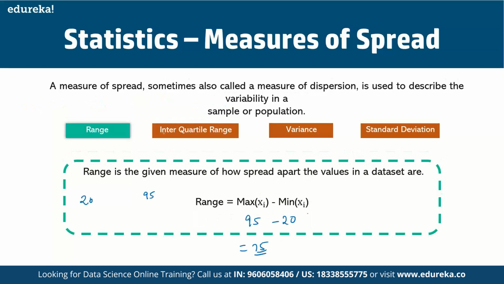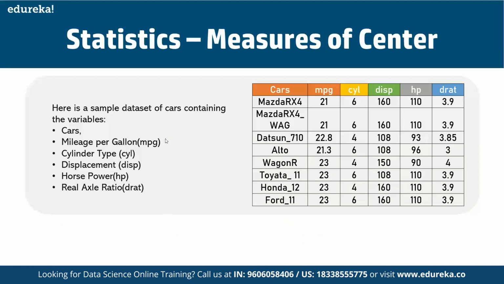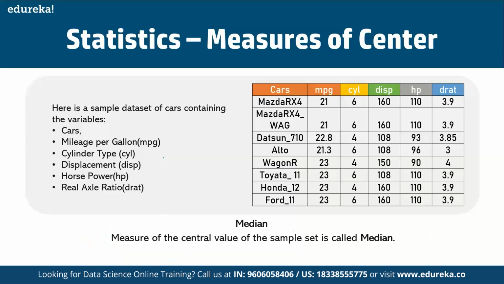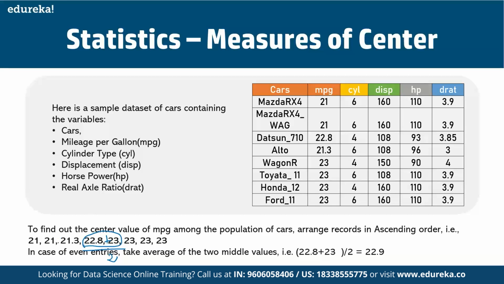Median, let me show you the previous slide. So median is basically the central value. Now if you see, you have some values here, 21, 21, 21.3, and so on. If this is an odd number of values, let's say 1, 2, 3, 4, 5, I have 5 data points.